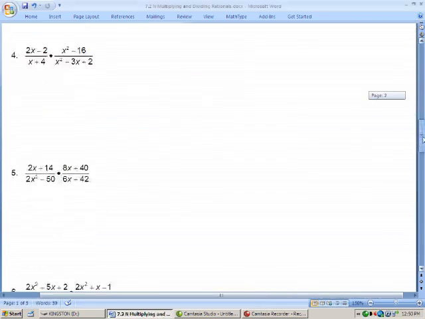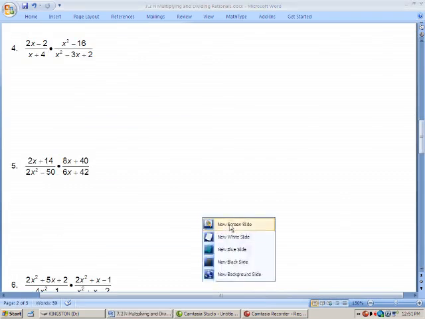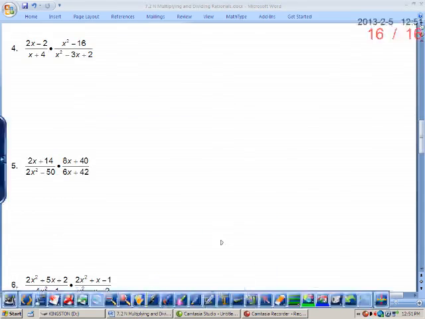All right. Here's number 4. All right, so we start by factoring everything as much as possible.